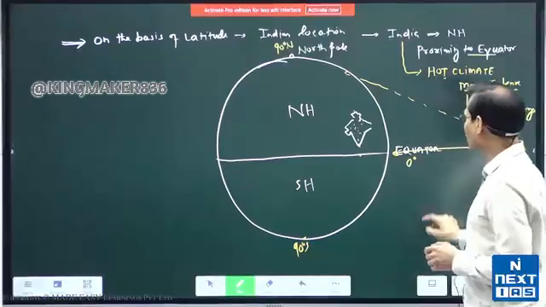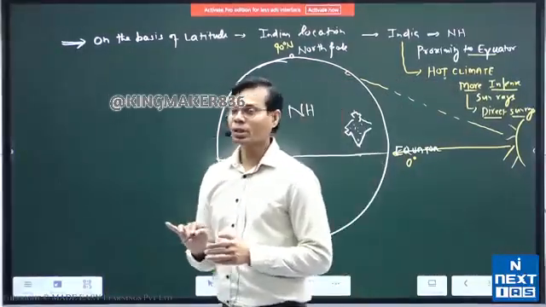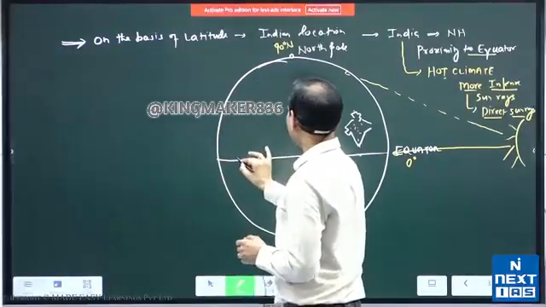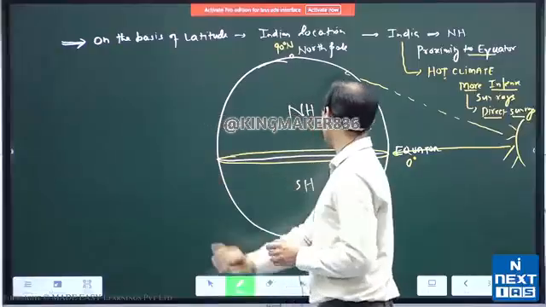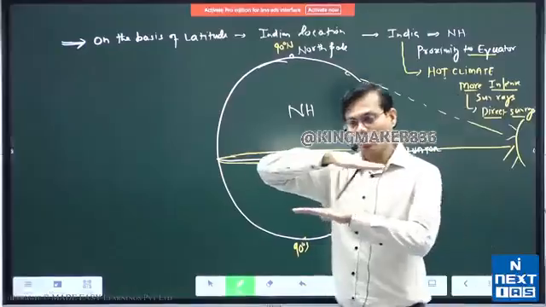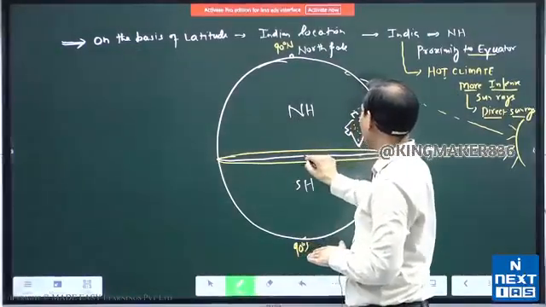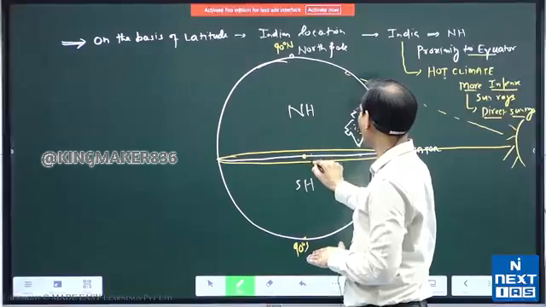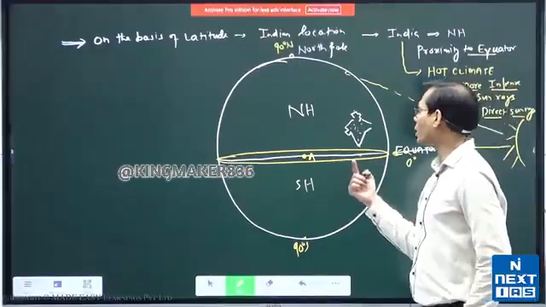Then you note very well that the equator is a circle on the globe. In a 3D body, if you check, the equator is a circle. And if we cut the globe horizontally, we get a horizontal plane like that. A point I make here, is it the periphery of the equator or the center of the circle?